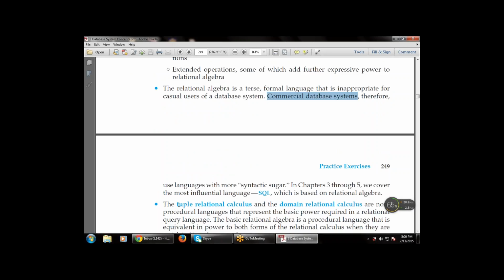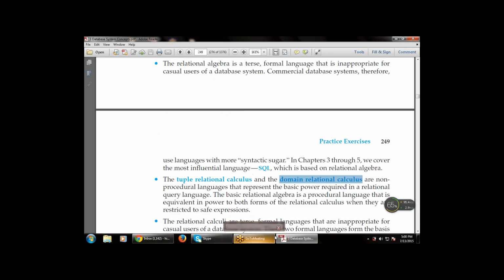The next point is that the tuple relational calculus and the domain relational calculus are non-procedural query languages that represent the basic power required in a relational query language. The basic relational algebra is a procedural query language.